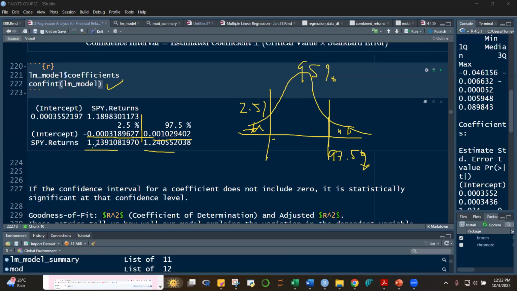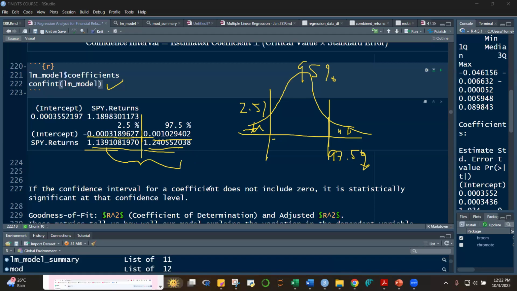On the other hand, SPY returns will not touch the 0 point. It's between 1.113 and 1.24. So 0 will not be touched in this interval, and that makes it statistically significant.